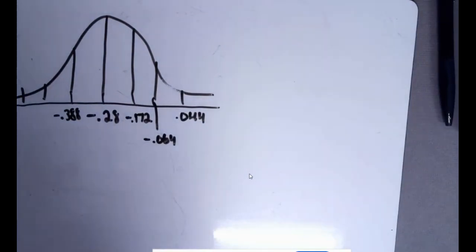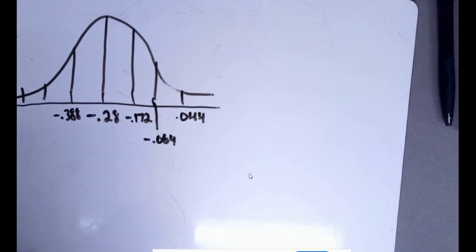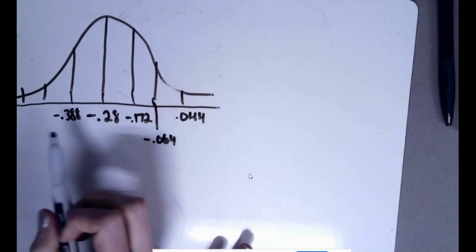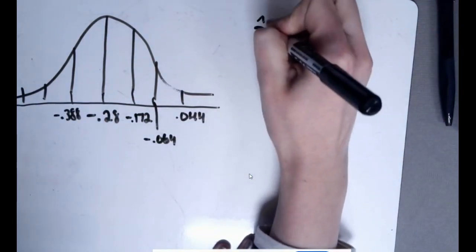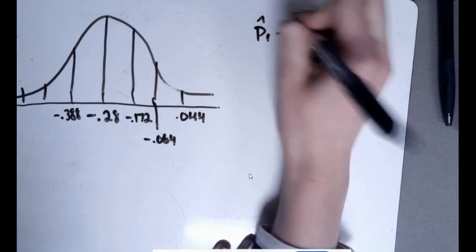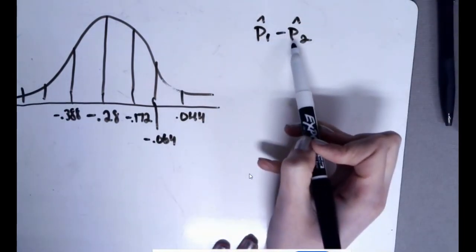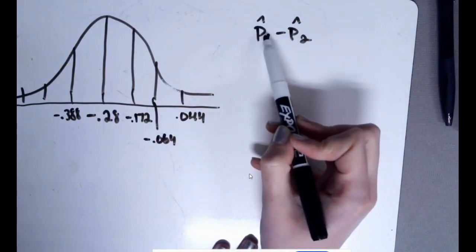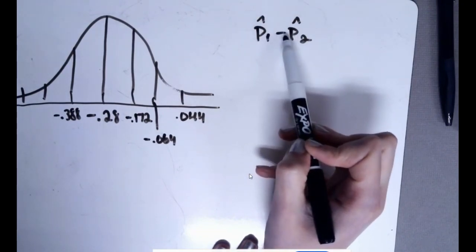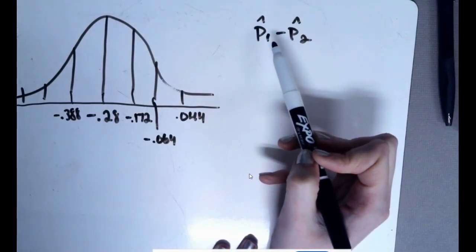So again, the question we were trying to answer is the probability that the proportion of the senior sample wearing Crocs is greater than the proportion of the freshman sample wearing Crocs. The distribution that we made here is the distribution of freshmen minus seniors. So if the senior proportion is greater than the freshman proportion, then when we subtract, we'll get a negative number.